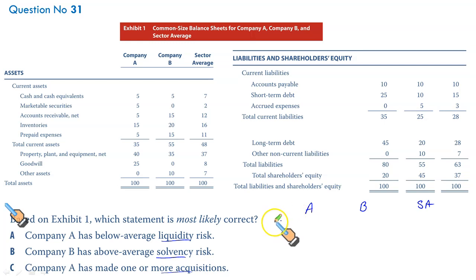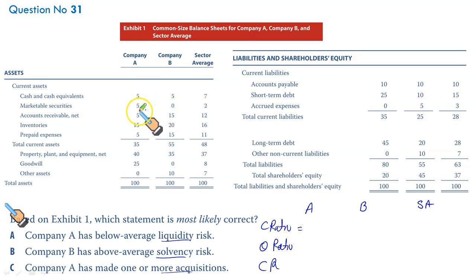So we need to first measure liquidity. Liquidity is measured through three measures, that is cash ratio, quick ratio, and current ratio. Let us do them all one by one. For company A, look at this.